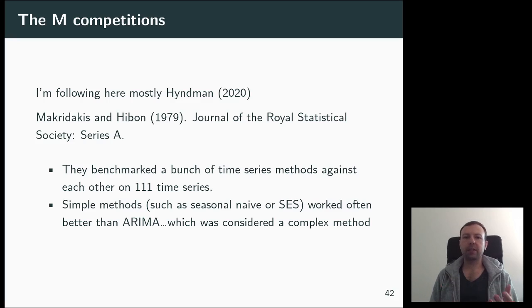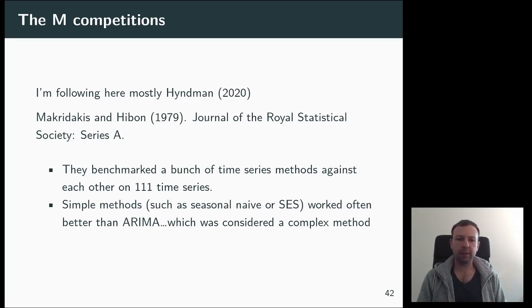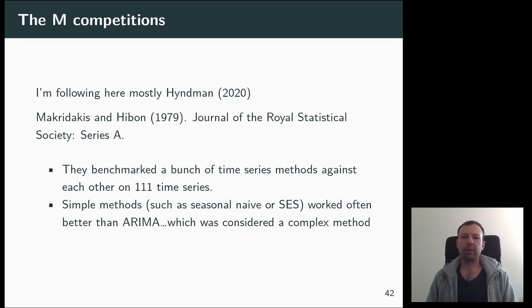So it was the first time that anybody tried really such an empirical evaluation of these methods. And what was kind of a surprising finding was that simple methods, and for them simple methods were things like a seasonal naive or simple exponential smoothing, often worked better than an ARIMA, which was considered a complex method at the time.